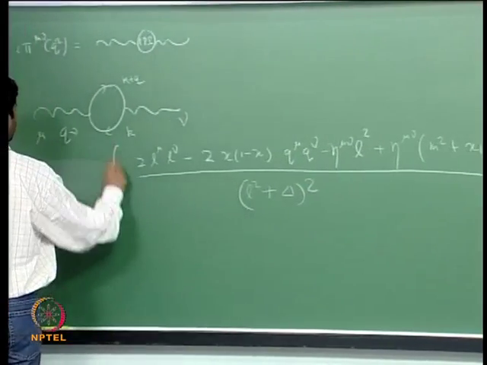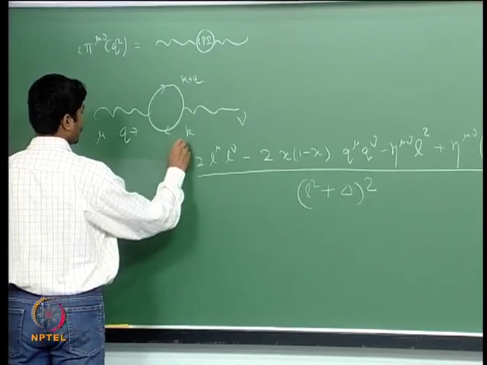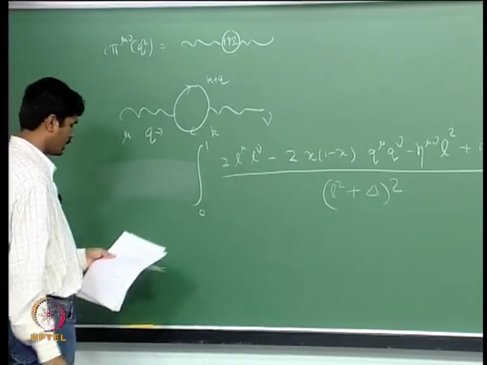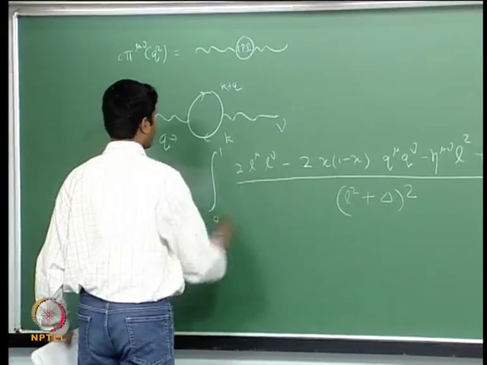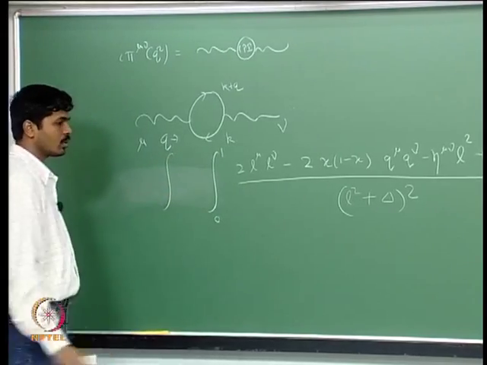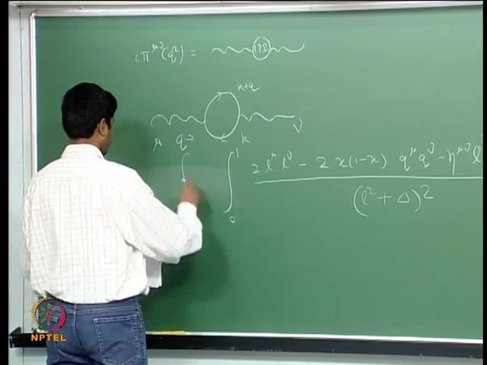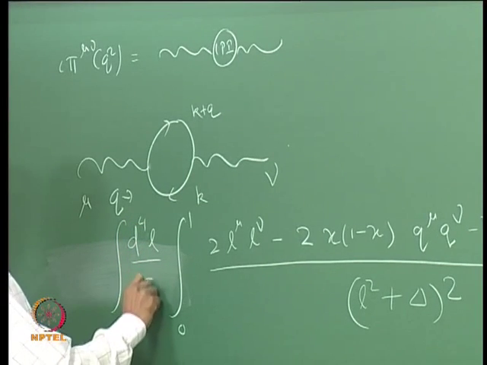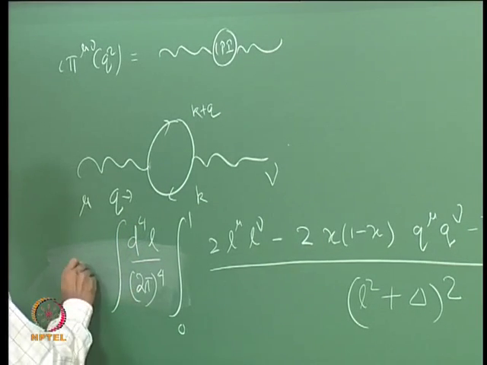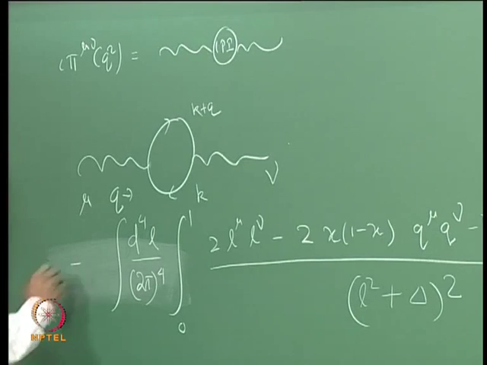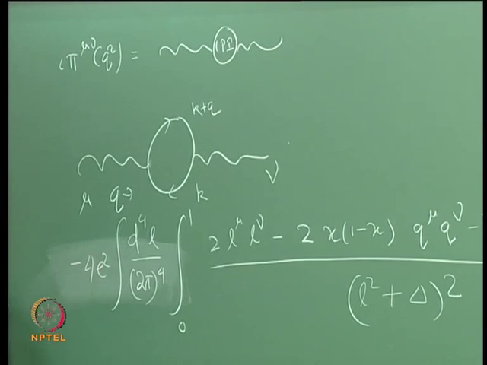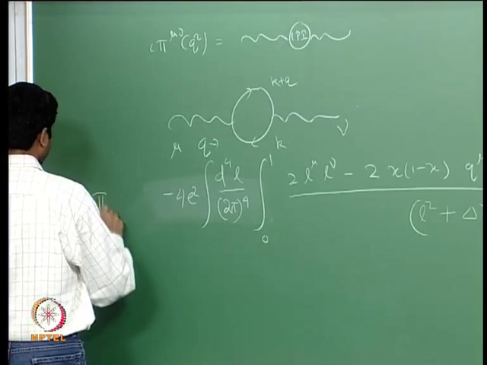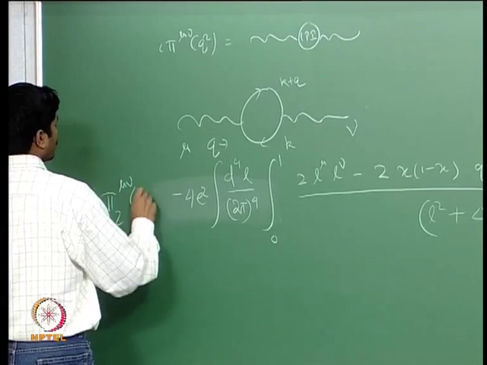This has to be integrated, with the variable x integrated from 0 to 1, and the momentum L integrated through all the values it takes. So there is a d 4 L divided by (2 pi) to the power 4, and an overall factor minus 4 e square.